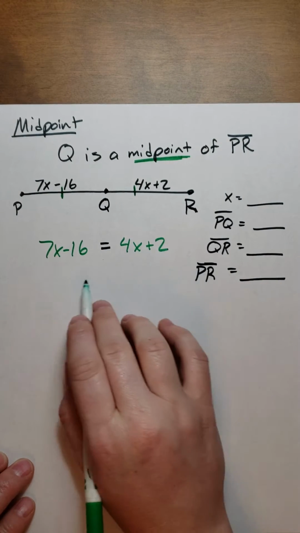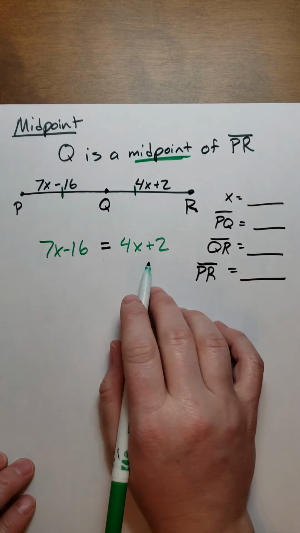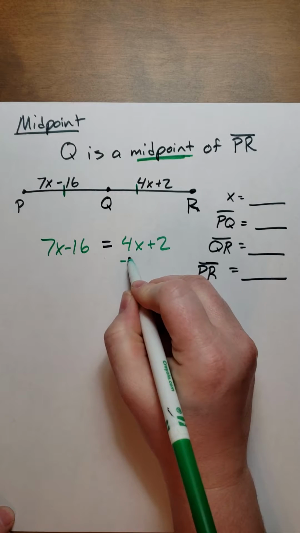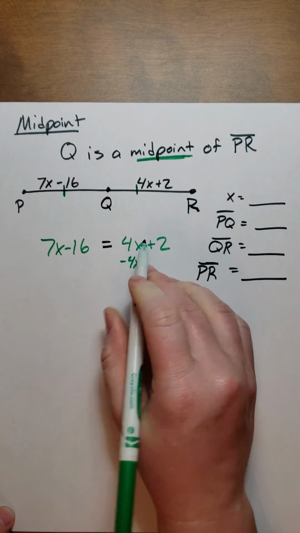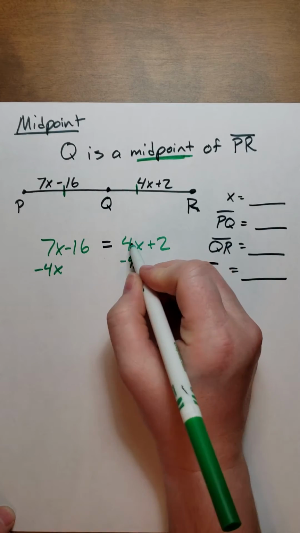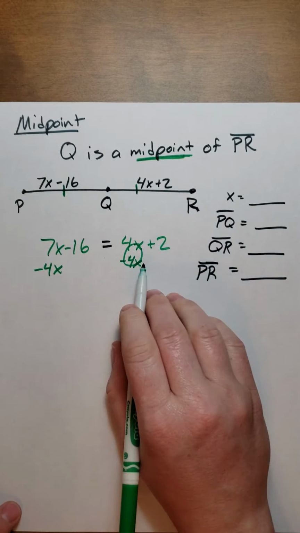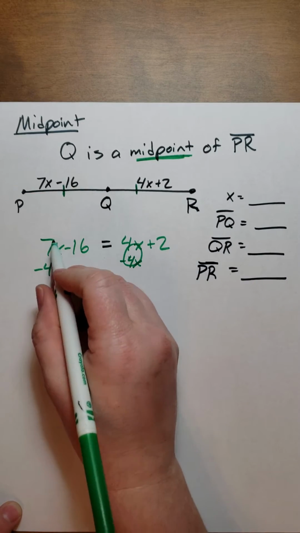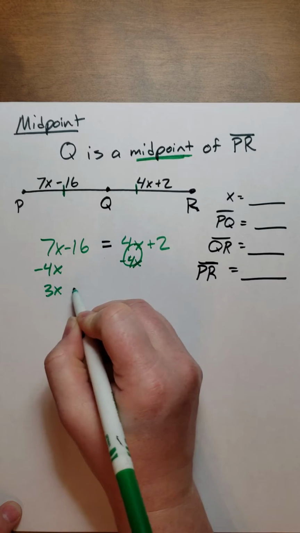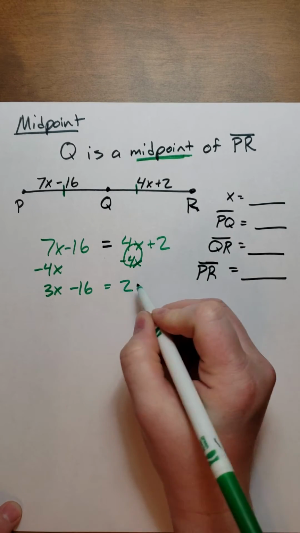So we're going to start moving our variables over to the other side. Look for the lower coefficient, which in this case is 4, so we're going to subtract this 4x from both sides. 4 minus 4 becomes 0, so that cancels out. And then we're going to bring this down. So then 7 minus 4 is 3x minus 16 equals 2.